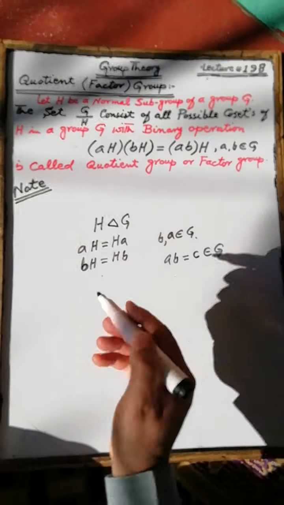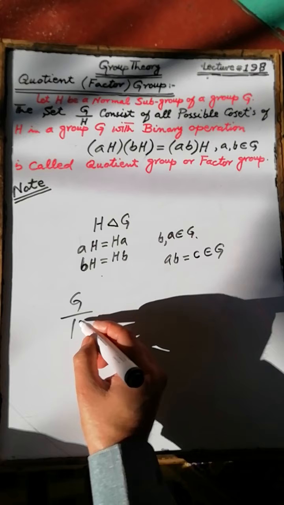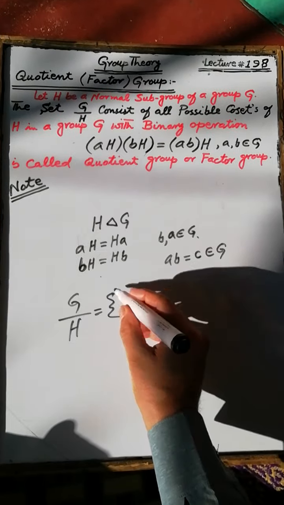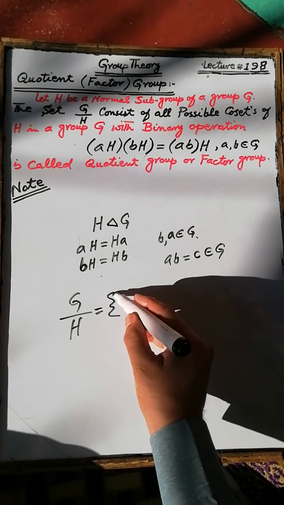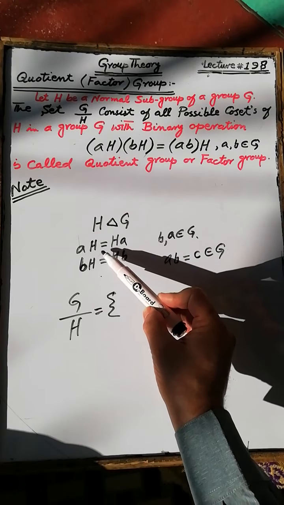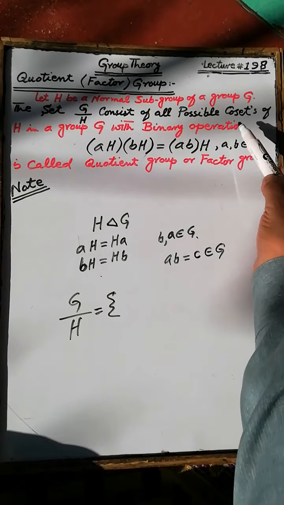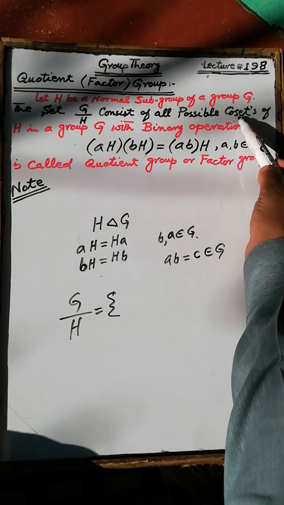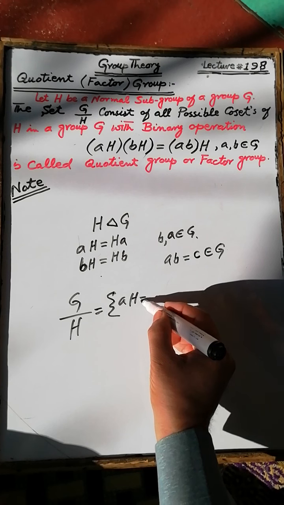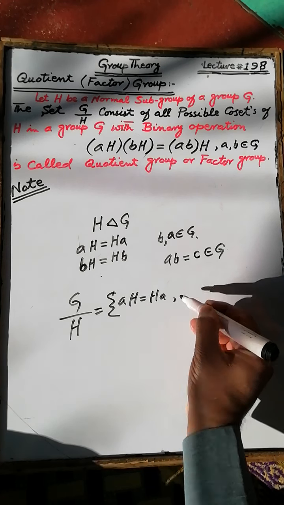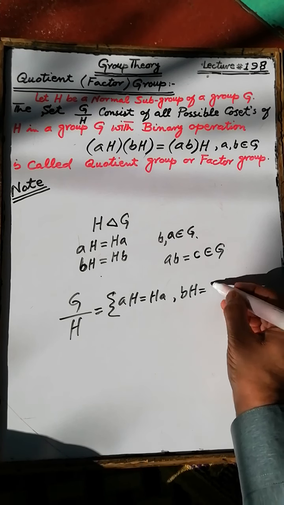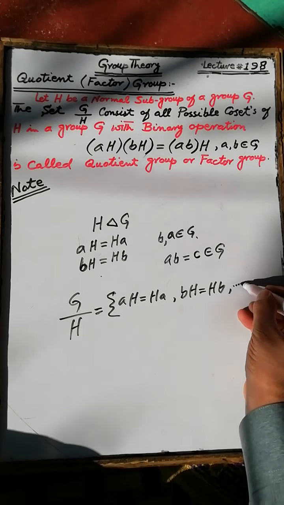And according to the above condition, the set G by H is a set. Therefore, according to the definition of a set, we collect distinct elements, and the elements of G by H are all possible cosets. Therefore, the coset determined by an element a, aH is equal to Ha, and the coset determined by an element b, bH is equal to Hb, and so on.